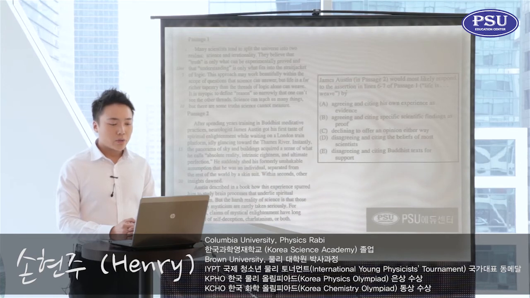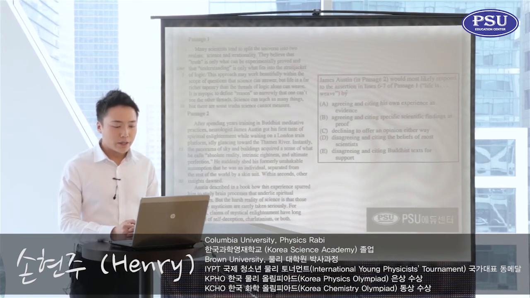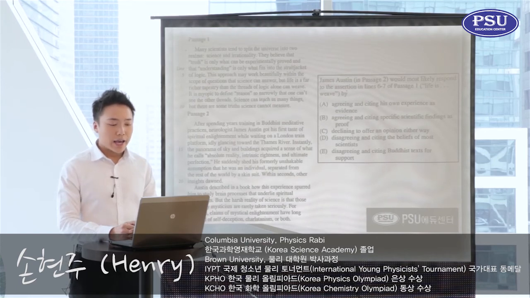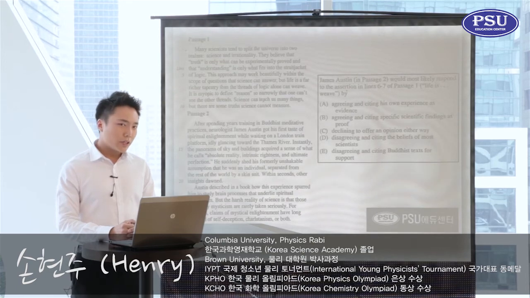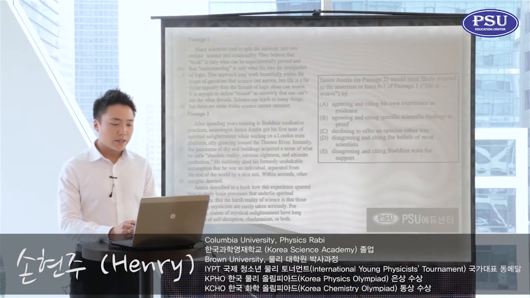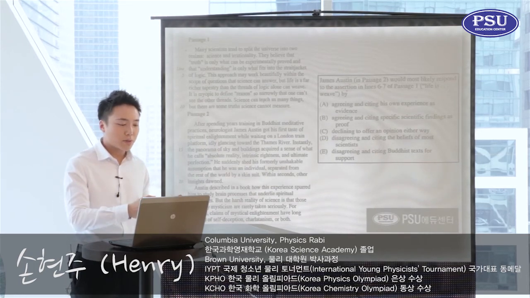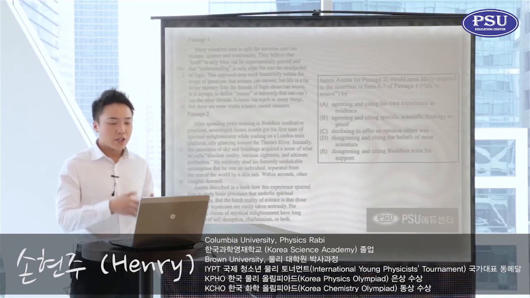Now, it comes down to whether we should choose A or B. A says citing his own experience as evidence, and B, citing specific scientific findings as proof. Which one do you think will be the answer? It will be A, because James Austin is attributing his personal, spiritual experiences to the acquirement of knowledge.